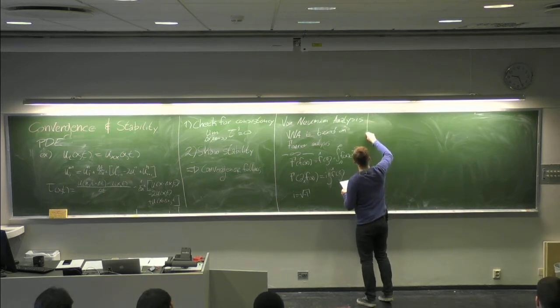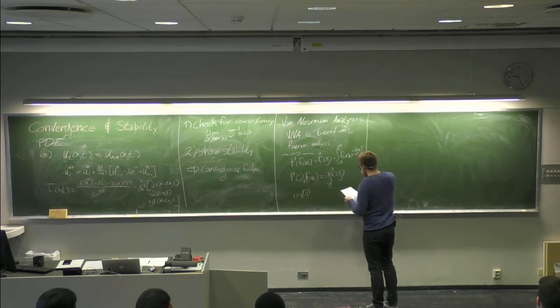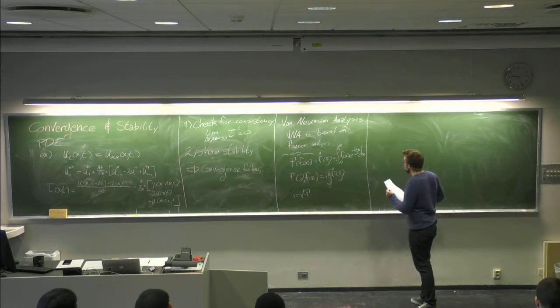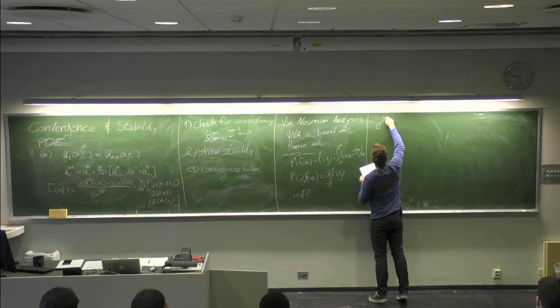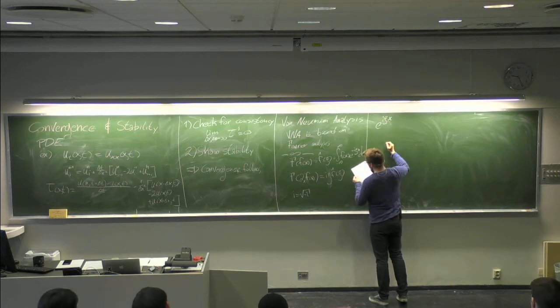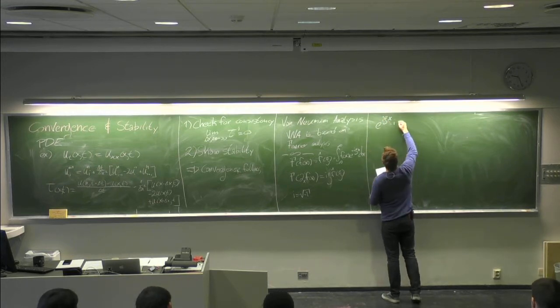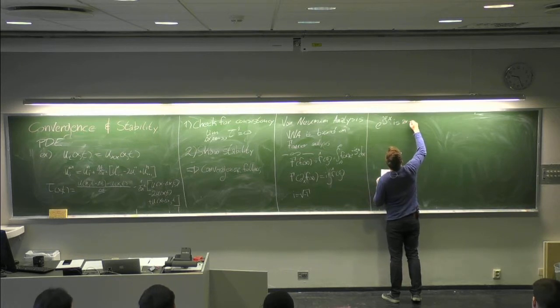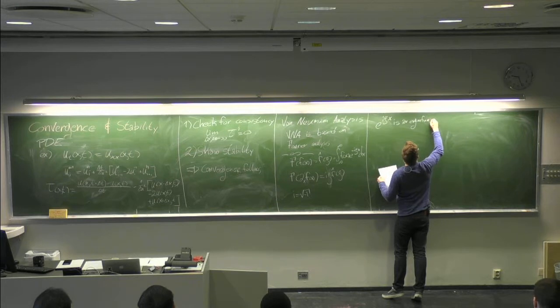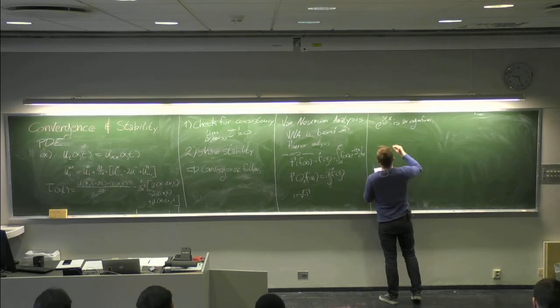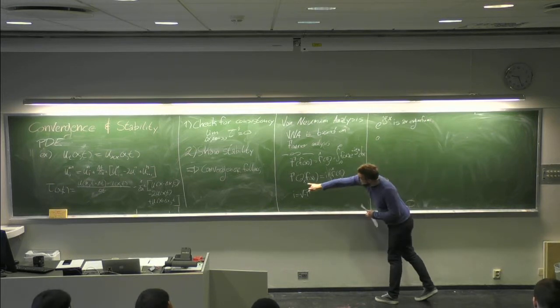By using this, we see that e to the power of i xi x is an eigenfunction of the differential operator. So this.